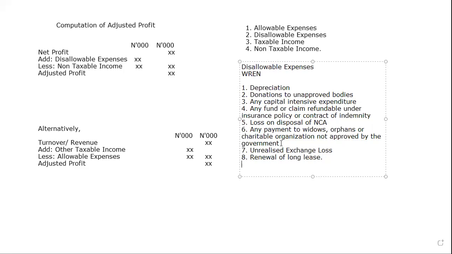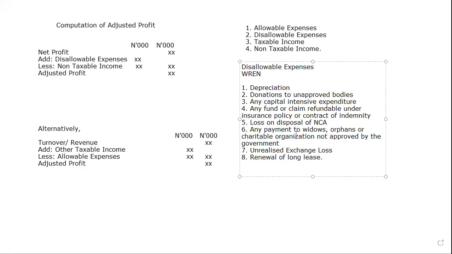In case there is an accident, let's say a motor accident, and you incur an expenditure on that vehicle, and the money you spent is recoverable under any insurance claim or contract of indemnity, then that becomes disallowable. When you sell a fixed asset, custom duty on fixed assets is also disallowed.